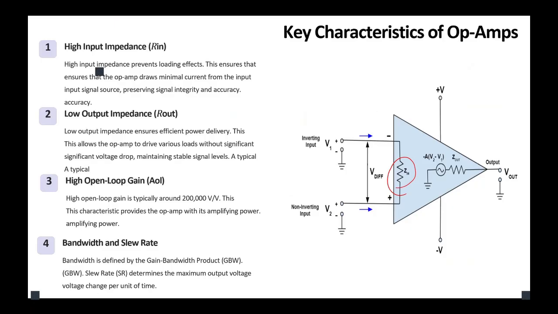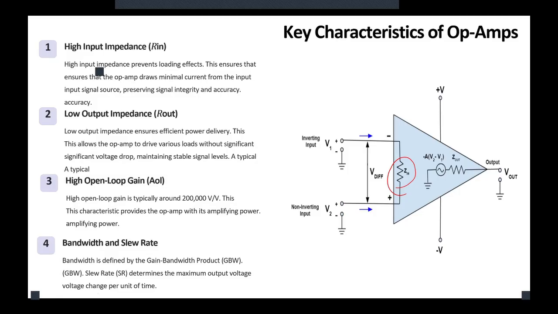This is extremely important because it prevents loading the signal source. If you connect a device with a low input resistance, it would drag down your signal and drain current from that signal source.